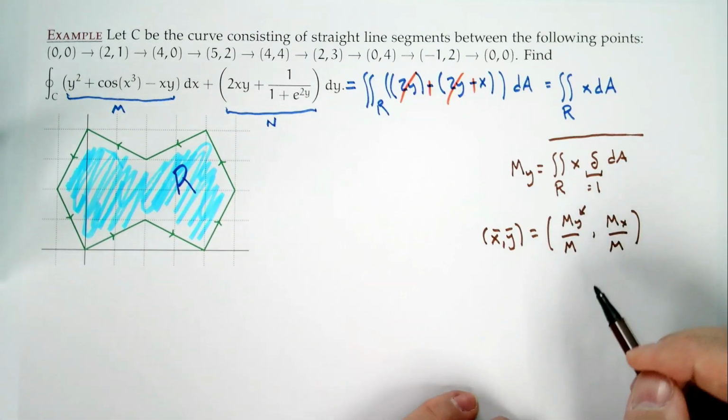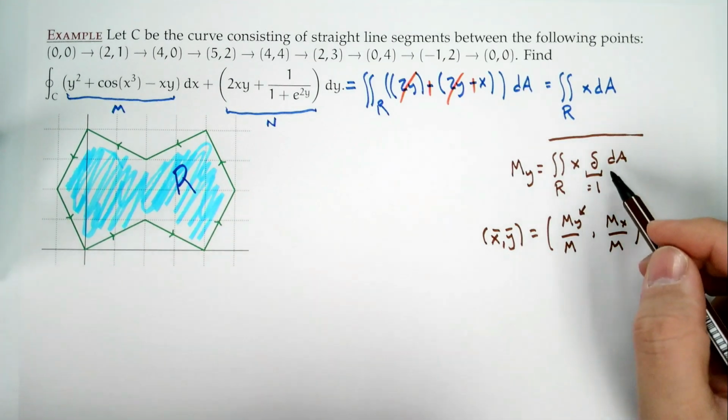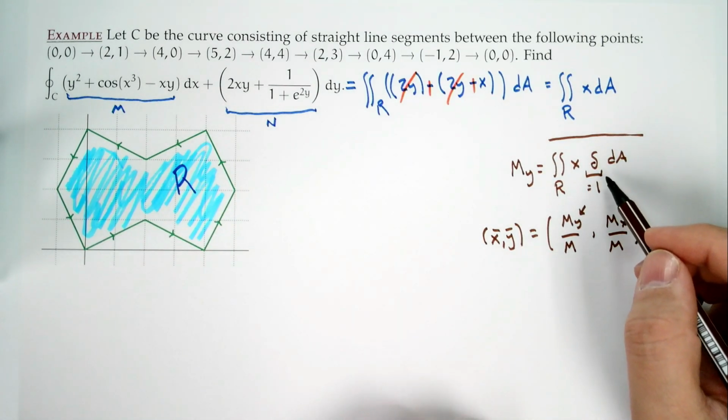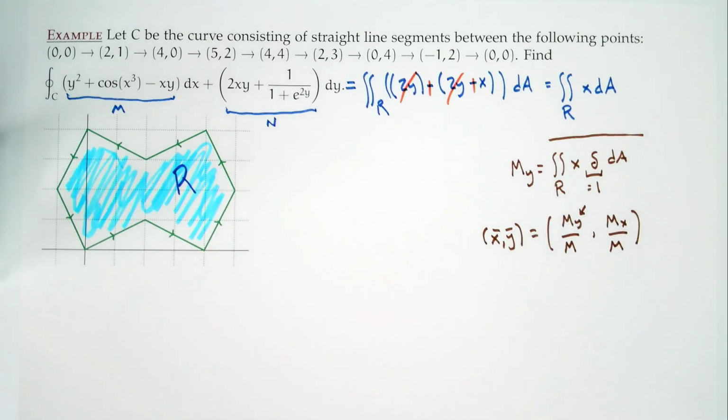But do we know anything? If we think about it, we say, well, look, we're treating our region like it's constant density. So look at our region here. Constant density, is there any symmetry? I think there is. In fact, there's a lot of symmetry here.